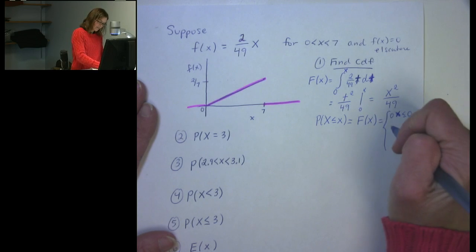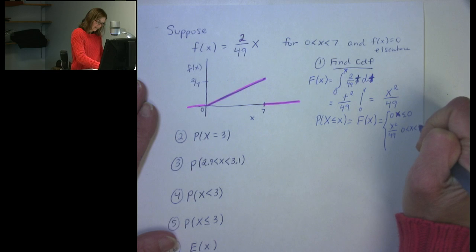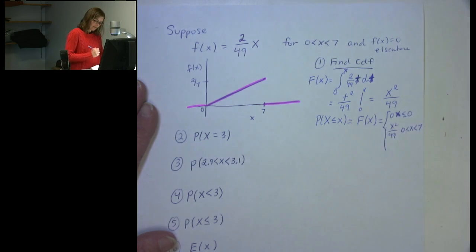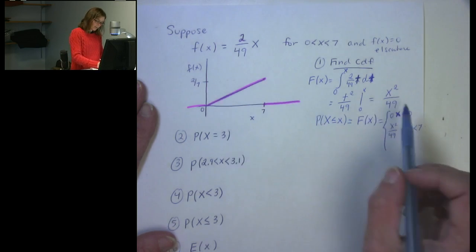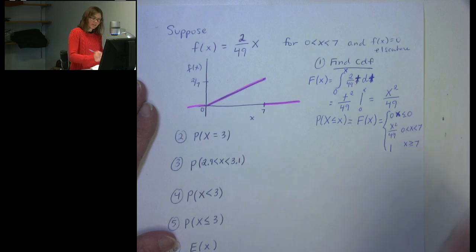Then it's going to be given by x squared over 49 when 0 is less than x and x is less than 7. And it's going to be equal to 1 for values of x that are greater than or equal to 7.